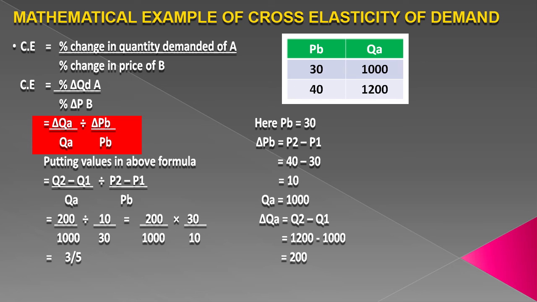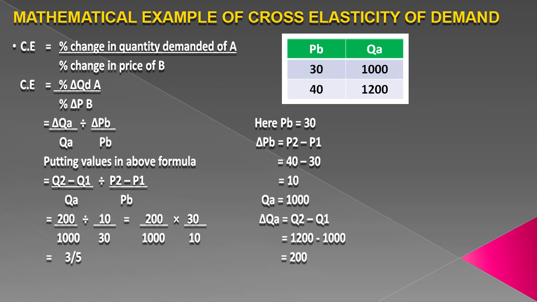As we know, delta QA equals Q2 minus Q1, delta PB equals P2 minus P1. Dear students, you don't need to get confused about where we are going to get the values of QA and PB. All the values are given in a table.